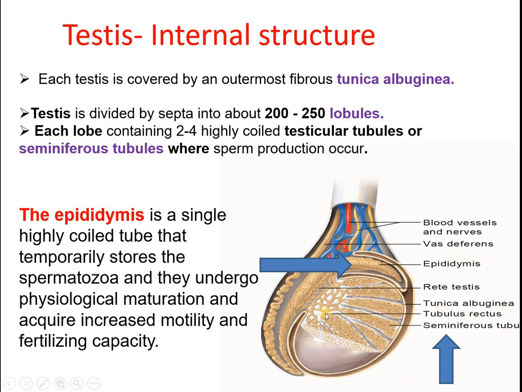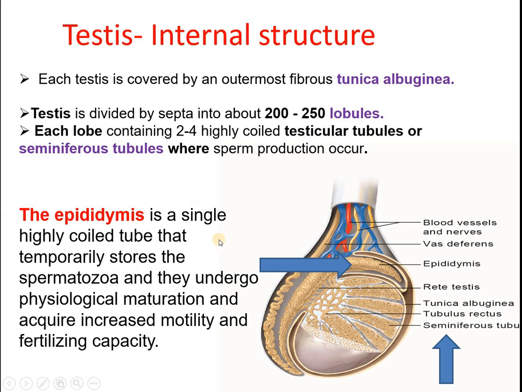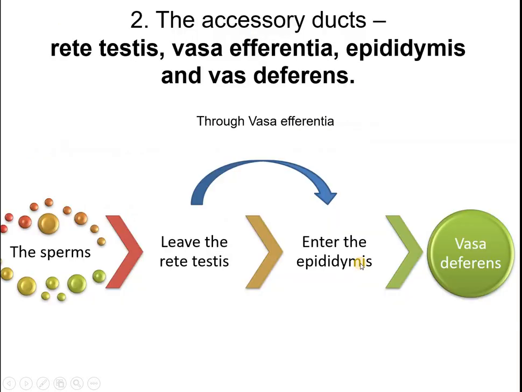Here they have a highly coiled structure called testicular tubules or seminiferous tubules where sperms are produced. Epididymis. The epididymis is a coiled tube-like structure, and it is a temporary storehouse for spermatozoa. Here, after production of the sperm, they are stored for some time.